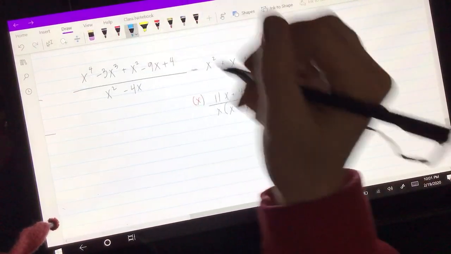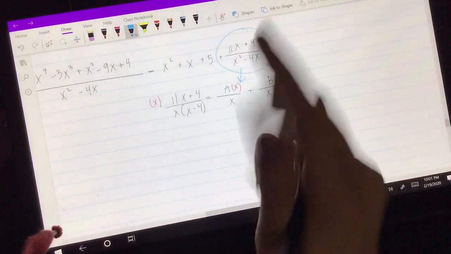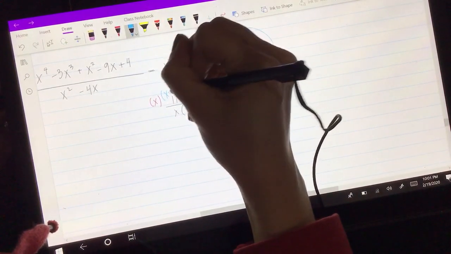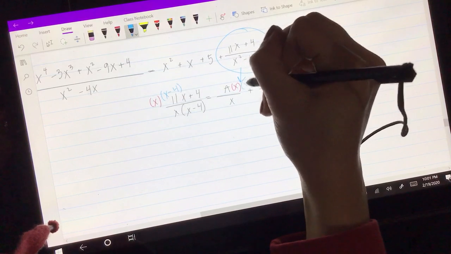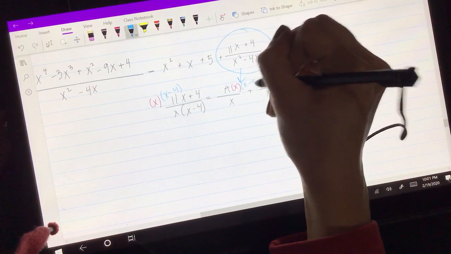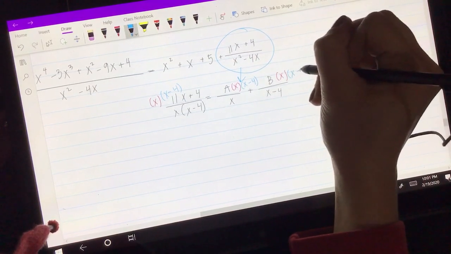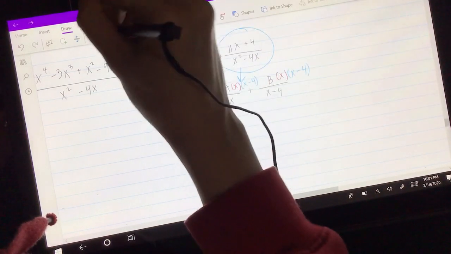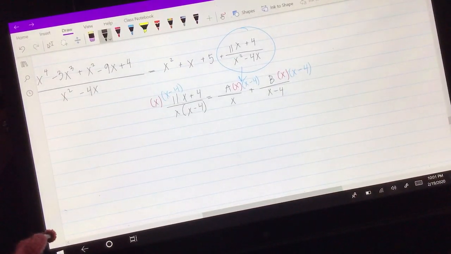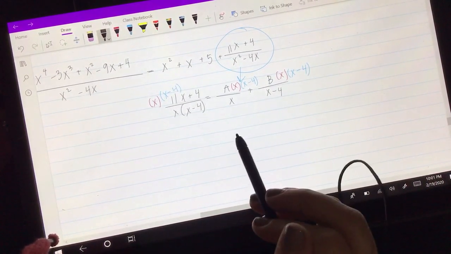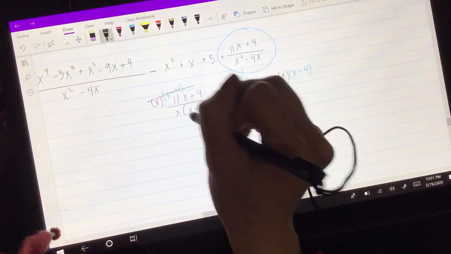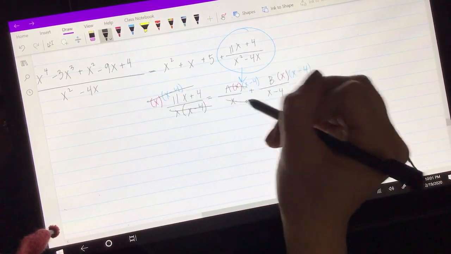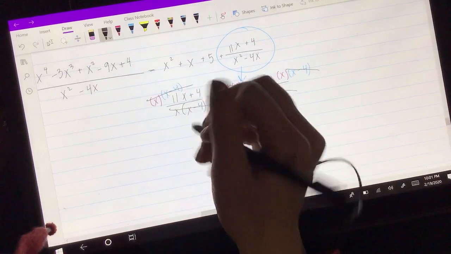To get rid of the denominators, make sure you multiply in every single term though. You can only multiply by something if you do it in every single term in an equation. You can't do that with just an expression. Just when it's an equation, you can do this. All right, cancel common factors from the numerator and the denominator. Rewrite what's left.